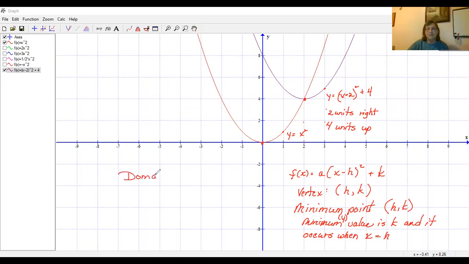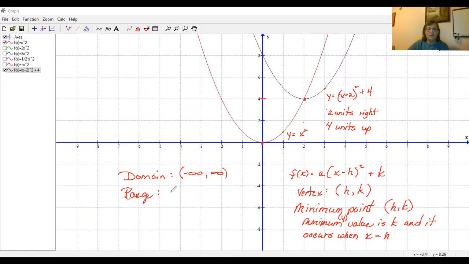The domain of a quadratic function is always all real numbers, so negative infinity to infinity. The range is tightly related to the vertex and the minimum, or if it's going down, the maximum. So the range here for this function is from 0 to infinity. The range for this function, remember we're talking about the y values when we're talking about the range, goes from 4 to infinity.